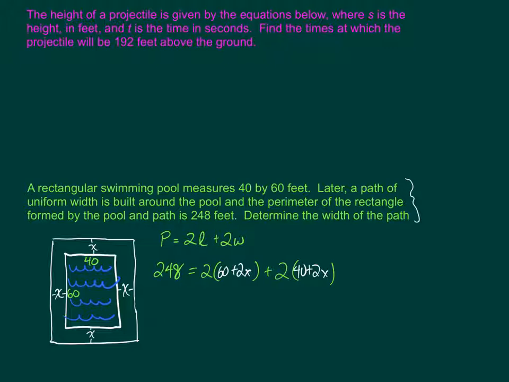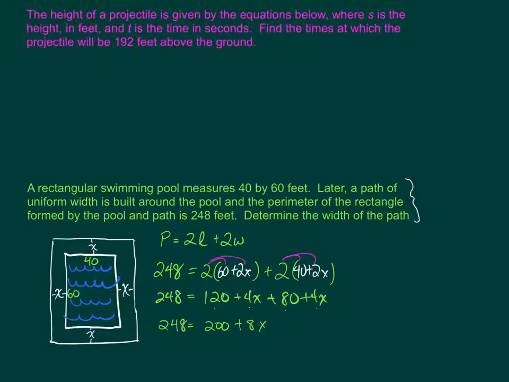And so let's go ahead and see what happens when we distribute these twos. We can say that this is what? 248 equals 120 plus 4x plus 80 plus 4x. We can combine some terms over here. So 120 and 80 is 200. 4x and 4x make 8x equals 248.